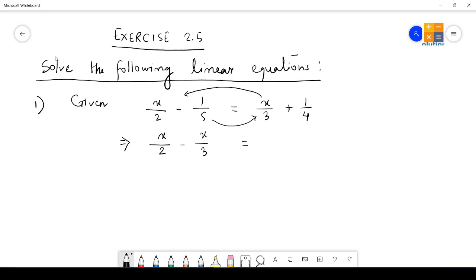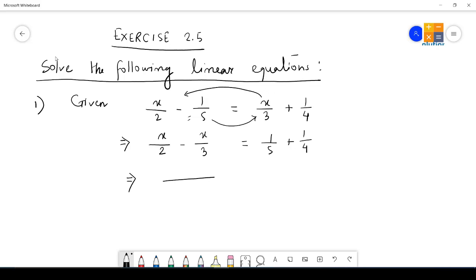When it is shifted to the opposite side it will turn positive, because on the left hand side it was negative initially. I can write it in the form positive 1 by 5 plus 1 by 4, which was initially there on the right hand side.